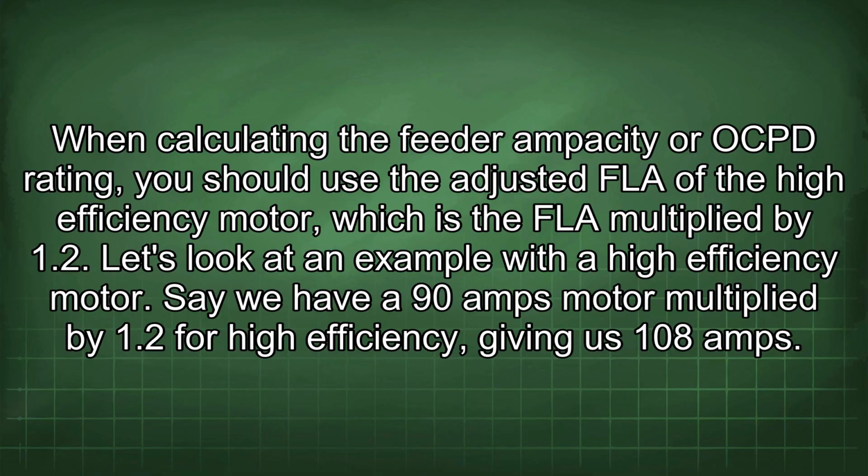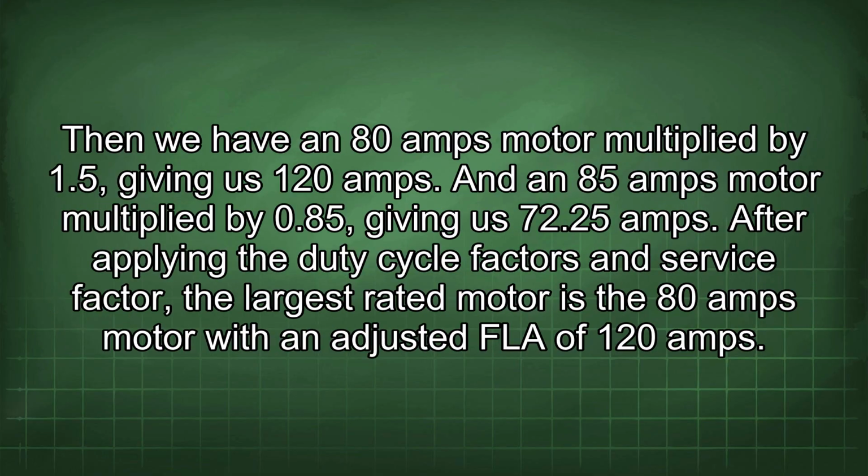Say we have a 90 amps motor multiplied by 1.2 for high efficiency, giving us 108 amps. Then we have an 80 amps motor multiplied by 1.5, giving us 120 amps. And an 85 amps motor multiplied by 0.85, giving us 72.25 amps.